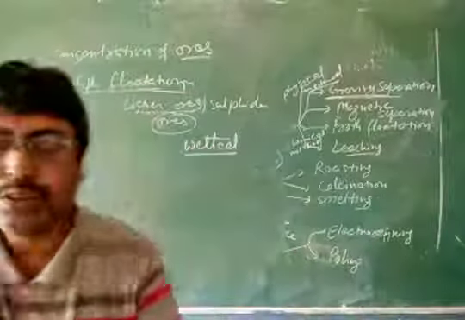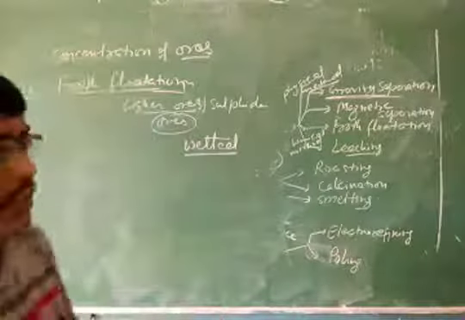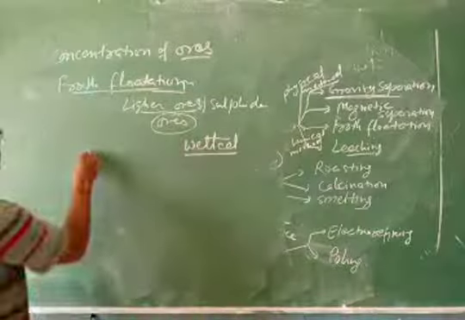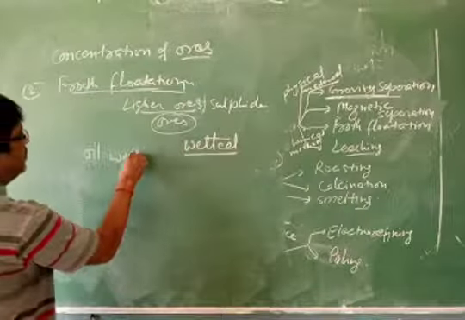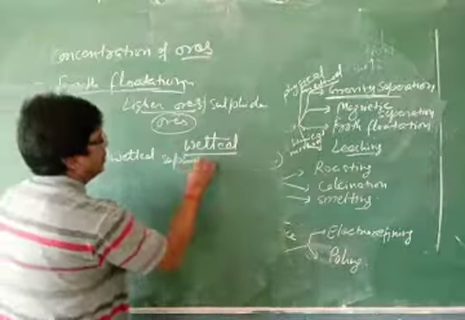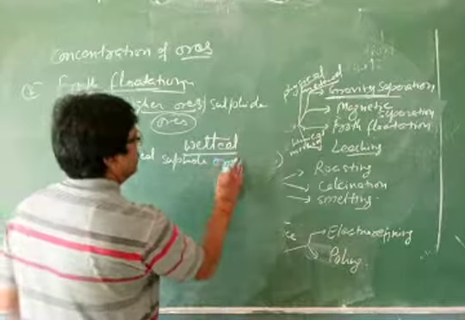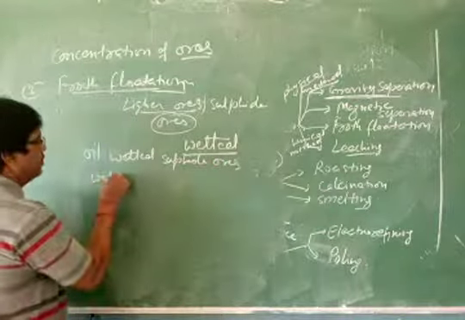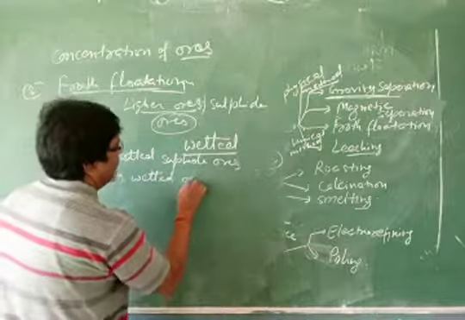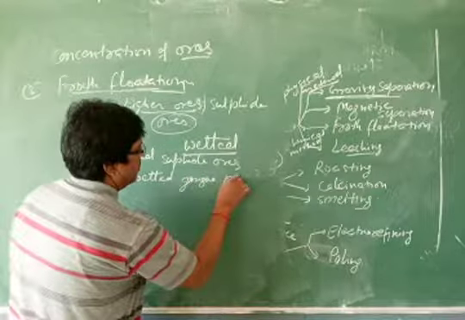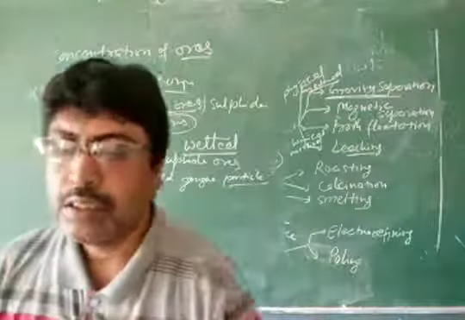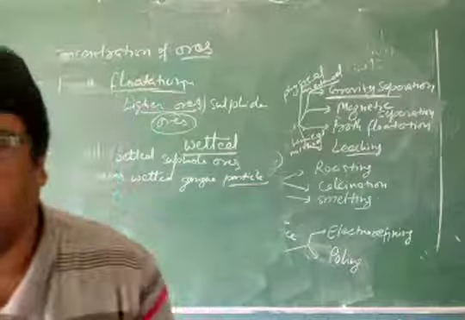So in this process, the theory says that oil wets sulfide ores whereas water wets gangue particles.